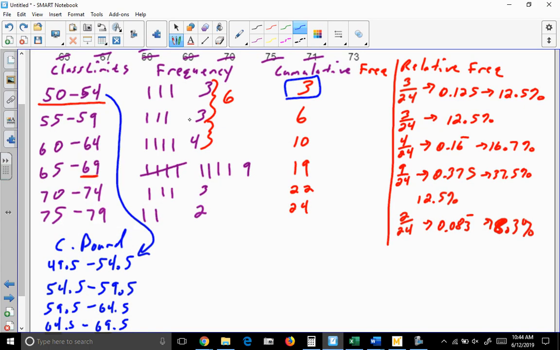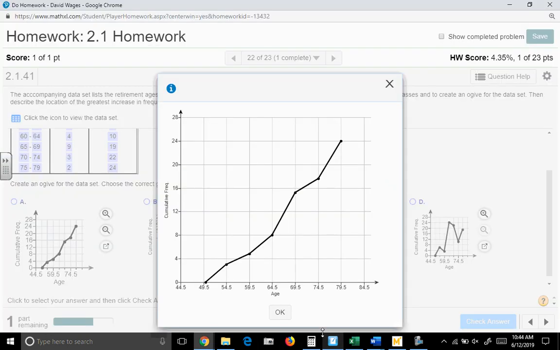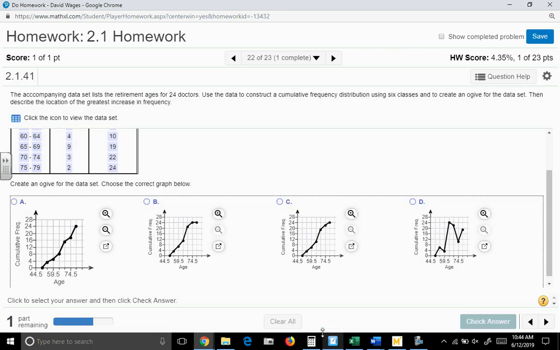When we get to the right side of the next category, then we should have a total of 6. So when we get to 59.5, we should have a total of 6. Well, at 59.5, notice 6 should be halfway in between. That's a little bit lower than that. So the first one's not right.